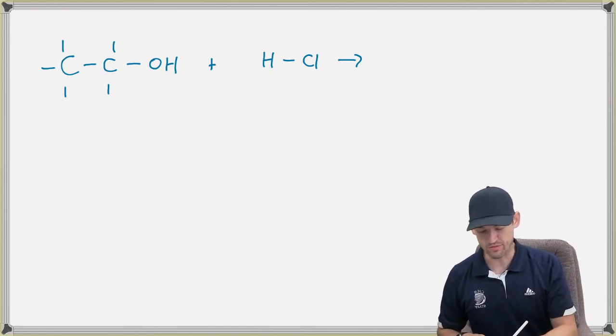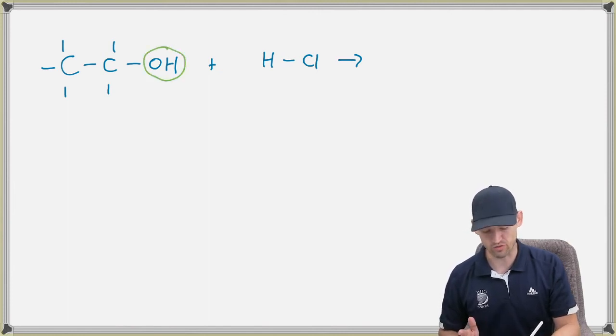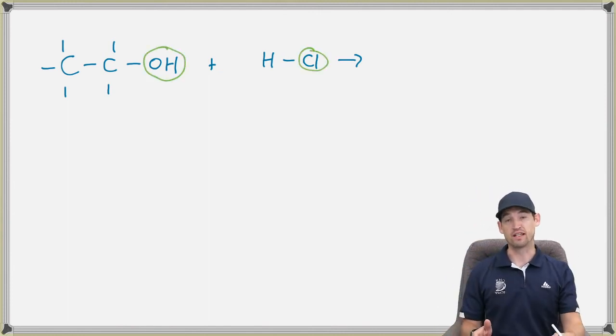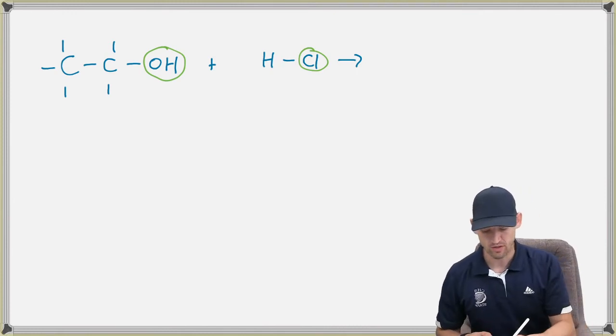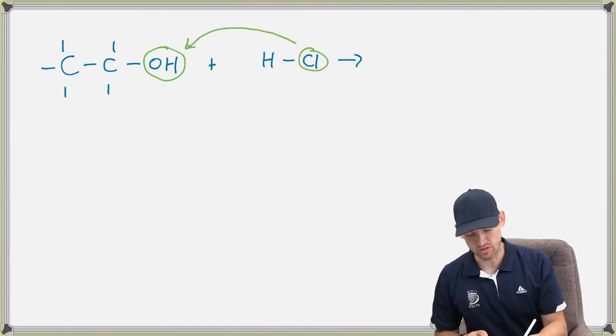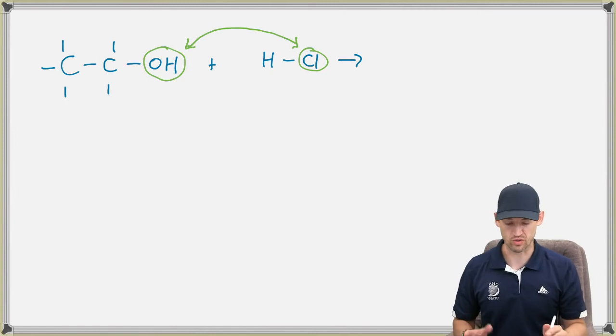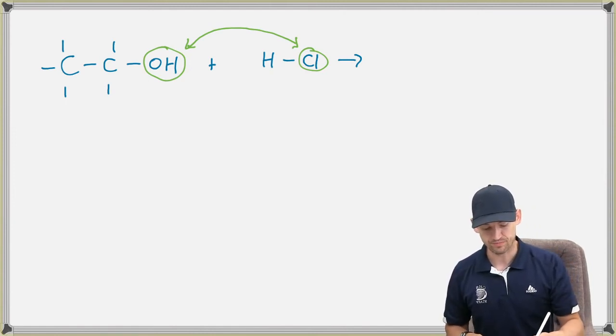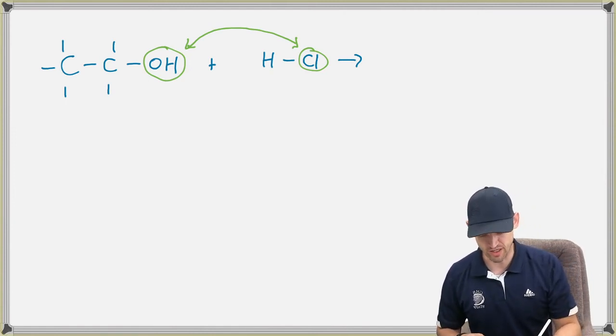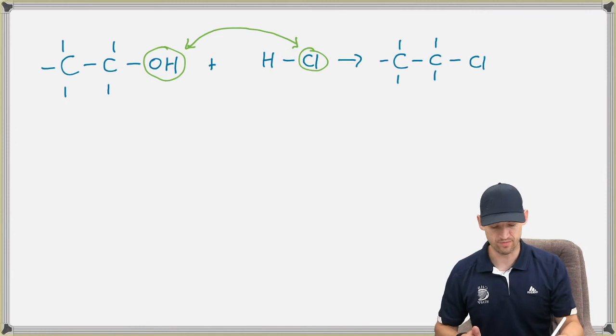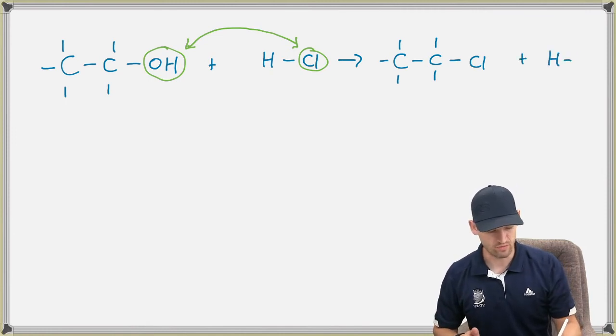And so if anything here is going to switch, it's probably going to be that hydroxyl group and that halide group, that chlorine. So they're going to be the two that switch places if anything's going to switch places. So in the end, you'll end up with a chloroethane instead of an ethanol, and then water.